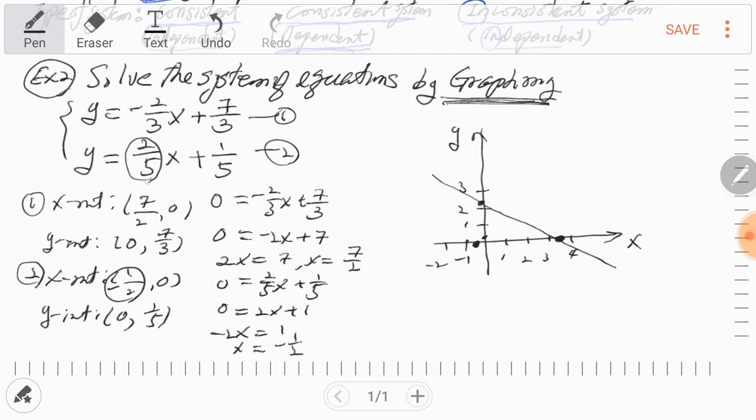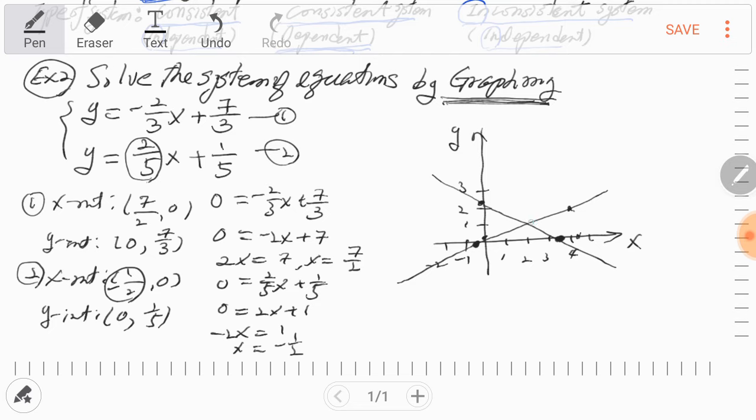We can move 5 units to the right and 2 units up. So 1, 2, 3, 4, 5, and then 2 units up is something like this. Then connect these 2 points. So the y-intercept is similar to 1/5, not exactly, but similar.